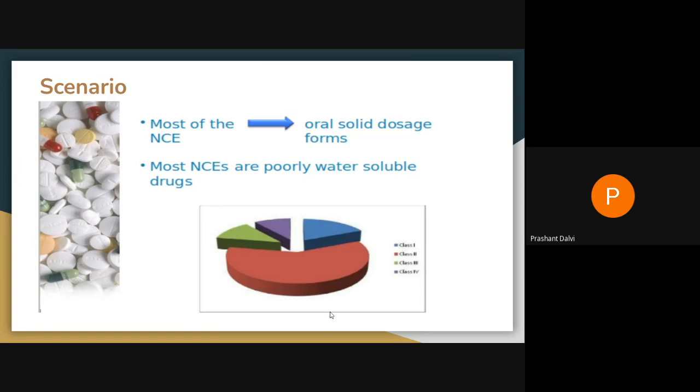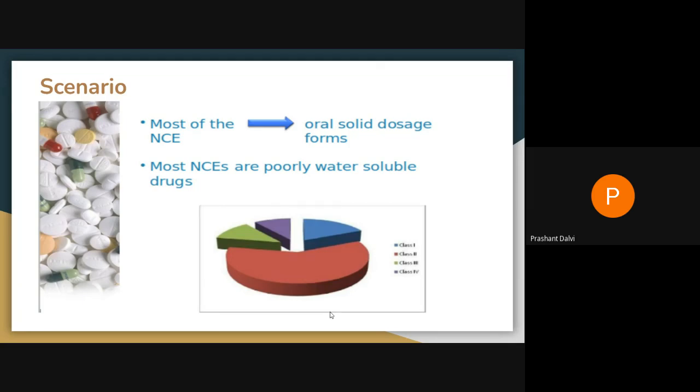Aqueous solubility is one of the important aspects in the formulation and development of any oral solid dosage form. Drug must be dissolved in gastric fluids, intestinal fluids, in order to show their maximum therapeutic and pharmacological actions.